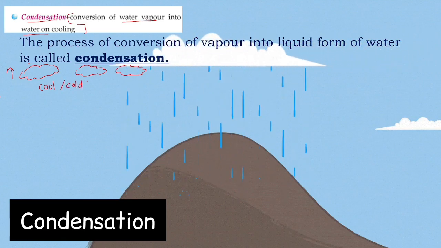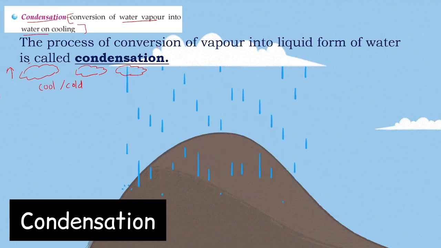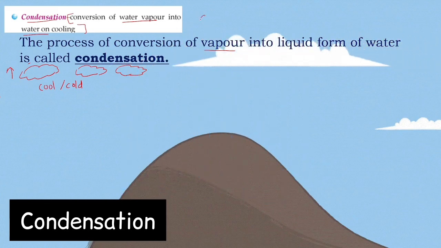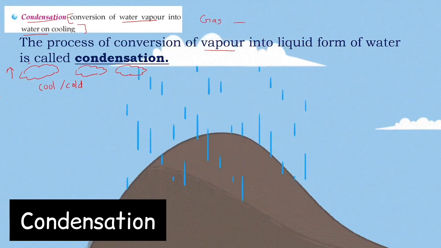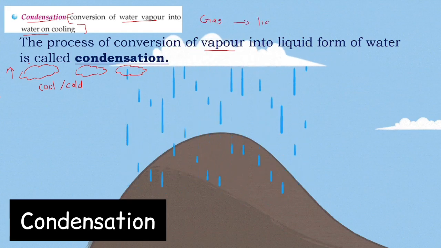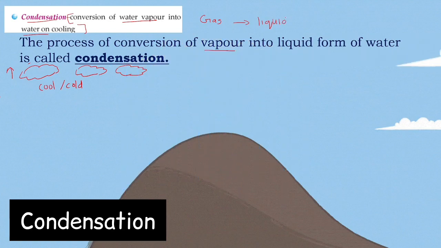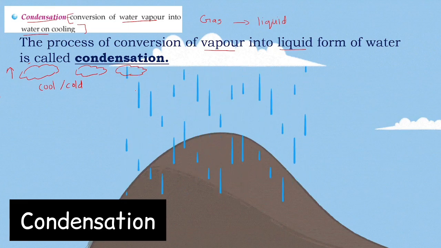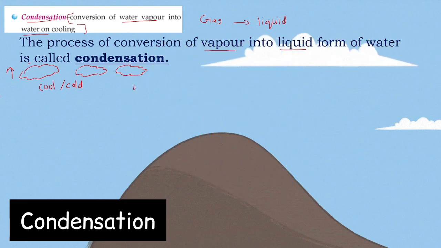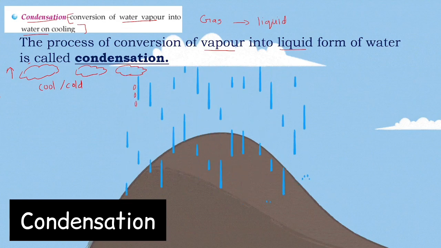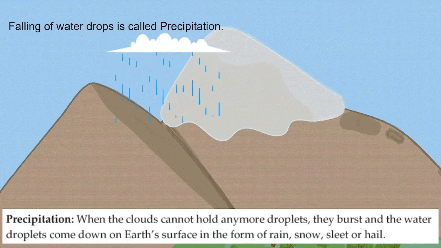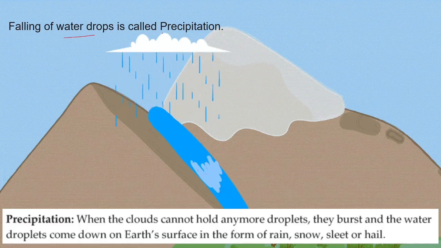So the water immediately starts converting from vapor form, that is from gas form, into liquid form. This process of conversion of water vapor into liquid form is termed as condensation. Because of condensation, tiny droplets of water come down and we call it rain. The falling of water droplets is called precipitation.